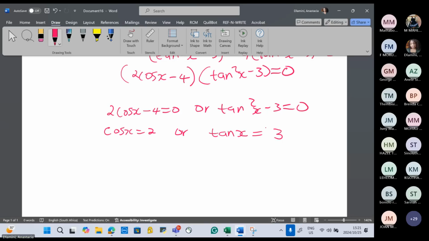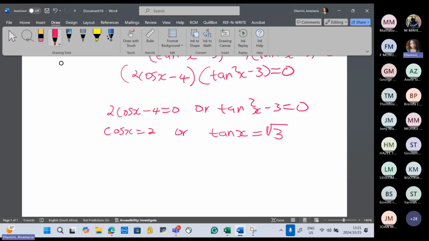Thank you. Something is missing. What is missing? You must find the reference angle there. For cos x equals to 2, x is in.